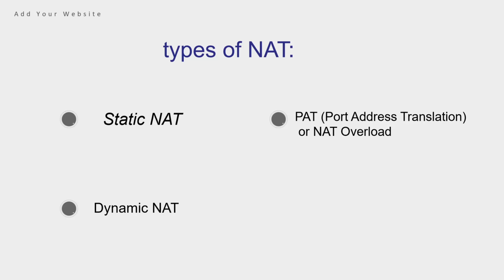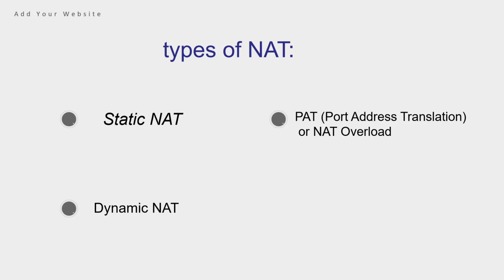So each employee can take one public IP address for a time, so it can be changed. But when you use static, no. This employee that you give a public IP address, no one can take his public IP address. Static NAT is used for servers, so you cannot change the IP of the servers every time.